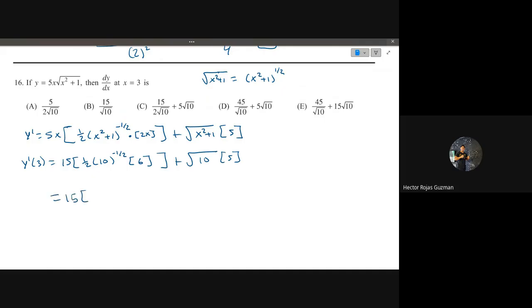Fifteen times the 6 with the 1/2 makes a 3, and then the 10 is going to go to the denominator, 10 to the power of 1/2, plus 5 radical 10.